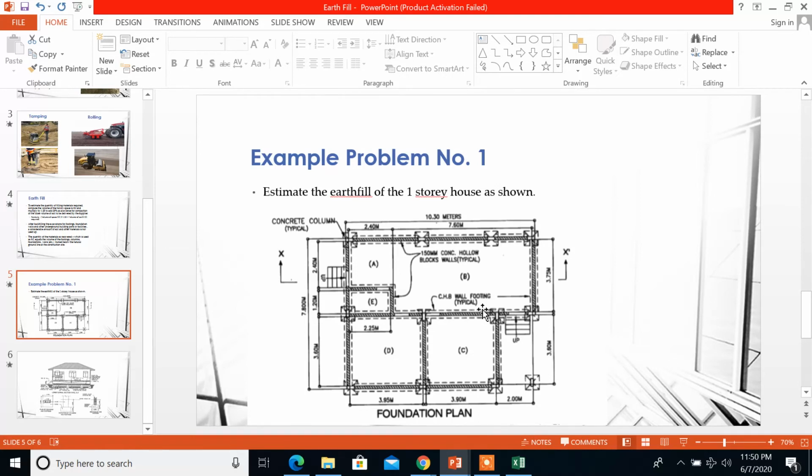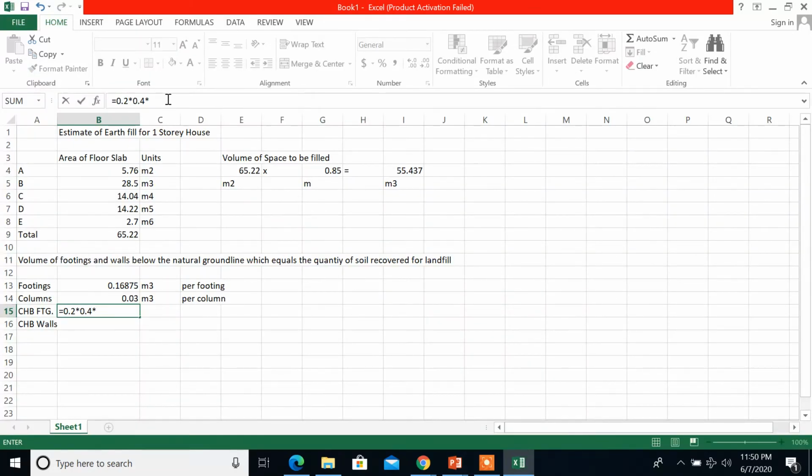So the total length is 46.75. 46.75. Yeah.